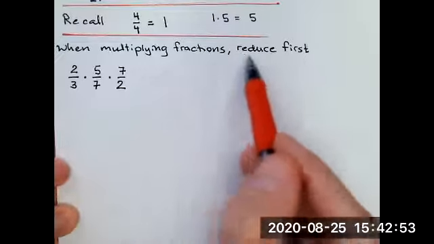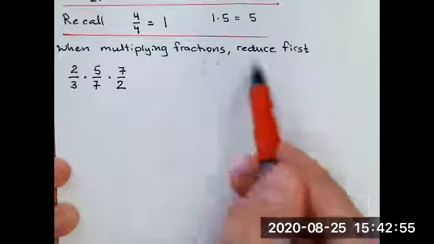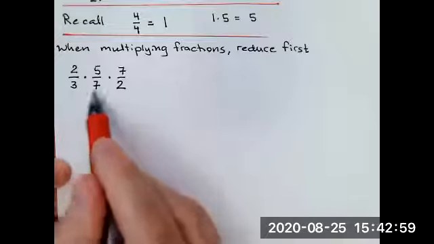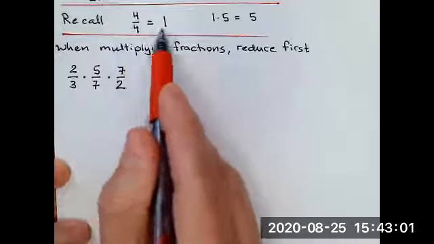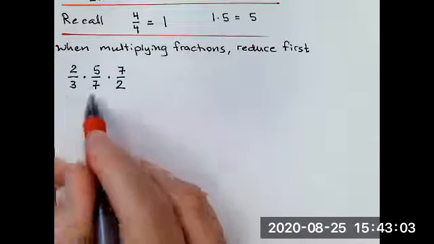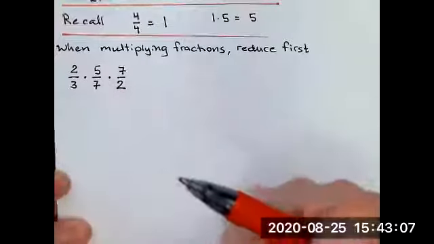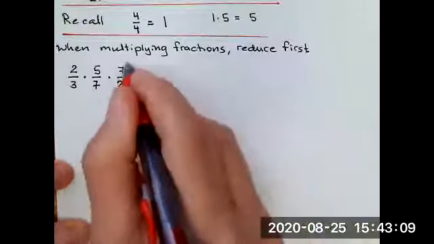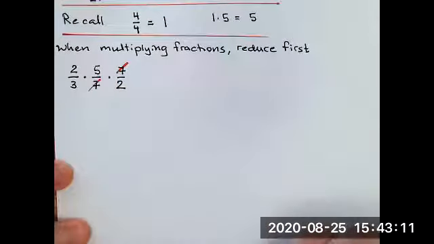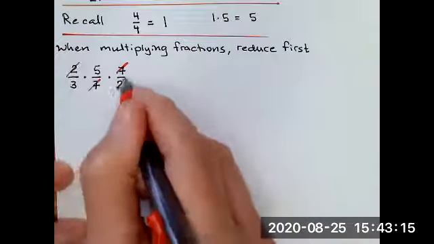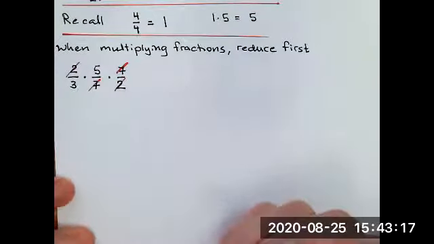So you want to reduce before you multiply, which means if there's a fraction that's equal to 1 in your multiplication statement, that will reduce. So looking here, 7 over 7 is equal to 1, and 2 over 2 are equal to 1.